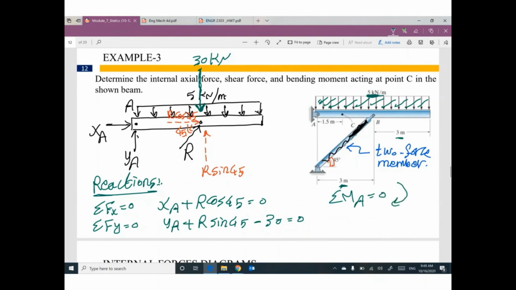So we have R sine 45 times 3 minus 30 times 3. I assume this one and this one will be cancelled. The only unknown in this equation is R, so the R value will be 42.42.